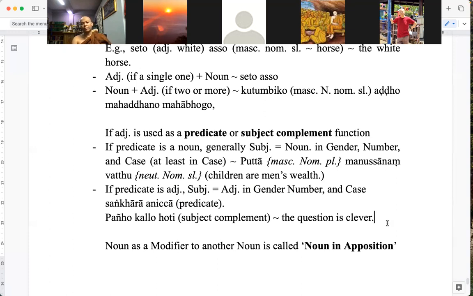How about Manusanam? Manusanam is here, and the case is different. The genitive case we call possessive. So at least the case must be the same to understand that point. Gender and number can be different, optionally different, but case must surely be the same.